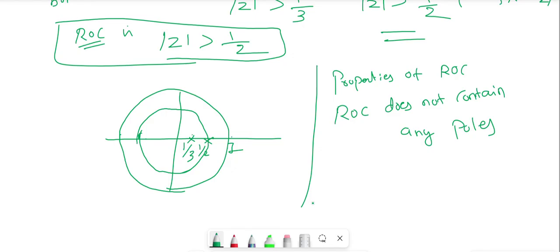If the input is delta n, X of Z will be 1. If it is u of n, then X of Z will be 1 by 1 minus Z inverse, where the modulus of Z is greater than 1.